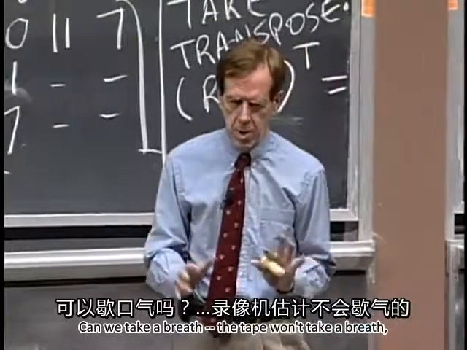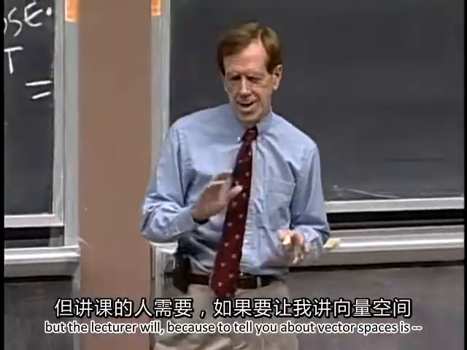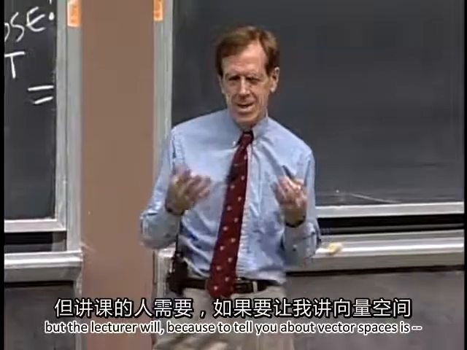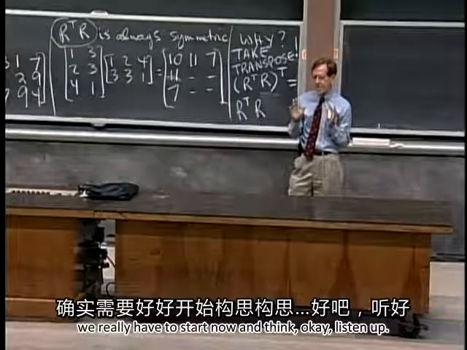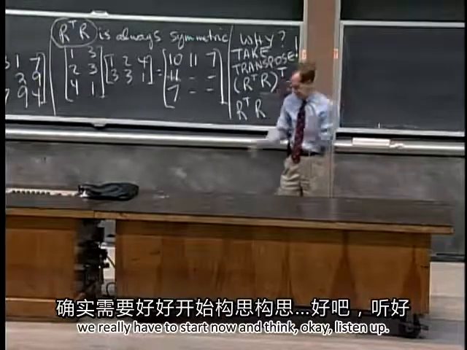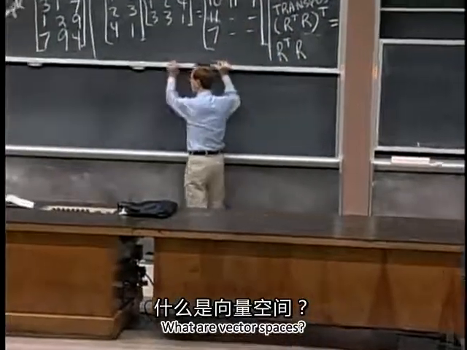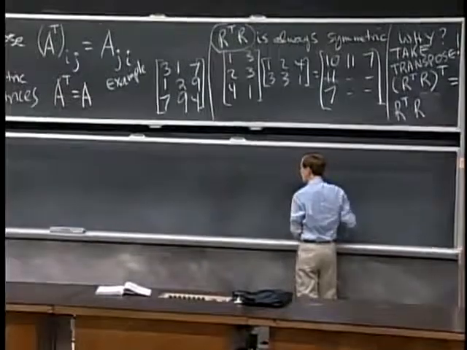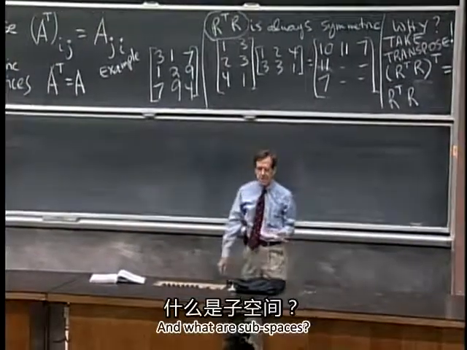The tape won't take a breath, but the lecturer will, because to tell you about vector spaces, we really have to start now and think, okay, listen up. What are vector spaces? And what are subspaces?